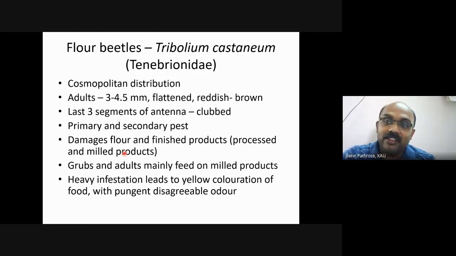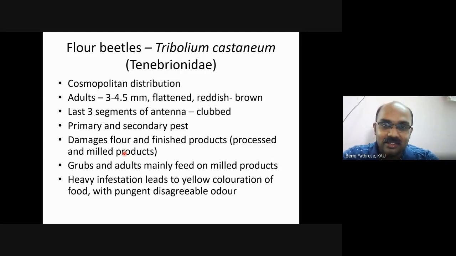Usually, if we have a Sitophilus, Trogoderma or Rhyzopertha attack in any grain, then later on we usually see Tribolium infestation also. But in the case of processed products, rice flour, wheat flour, etc., we don't see Sitophilus, Trogoderma or Rhyzopertha. Only we will see Tribolium.